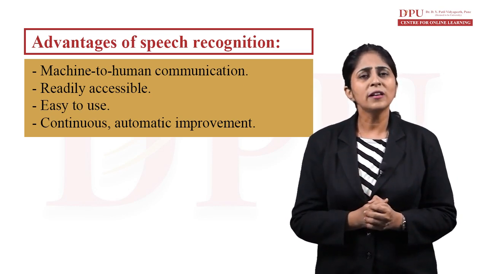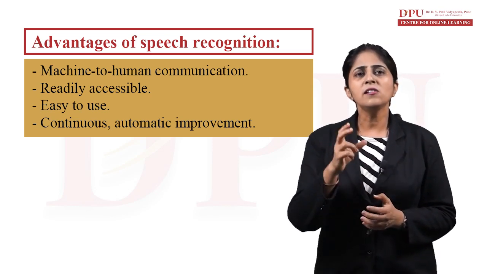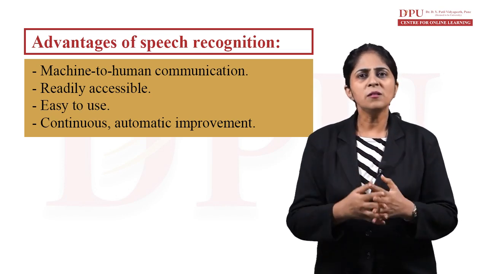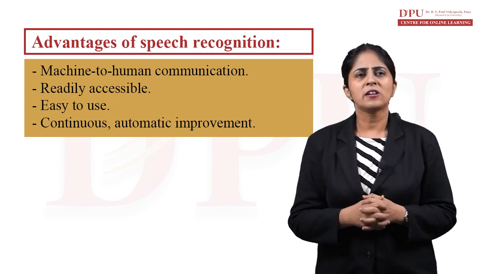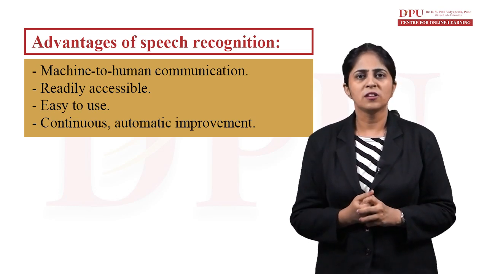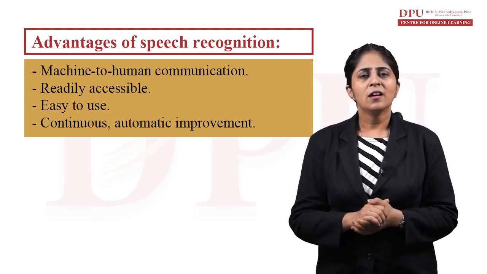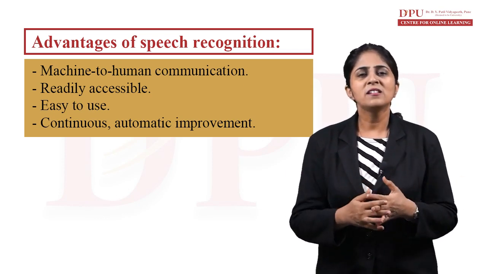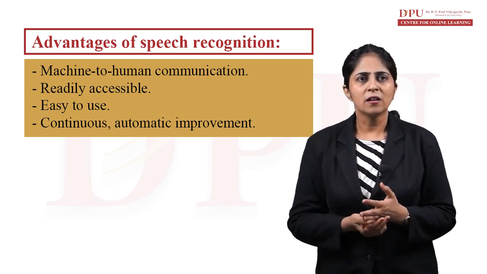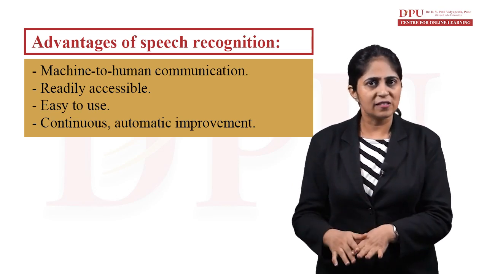Then the fourth advantage of this speech recognition system is continuous automatic improvement. As systems complete speech recognition tasks, they generate more data about human speech and so they get better at what they do. That means if our mobile device starts understanding our language, the way we are speaking, every time it is generating more and more data for itself.